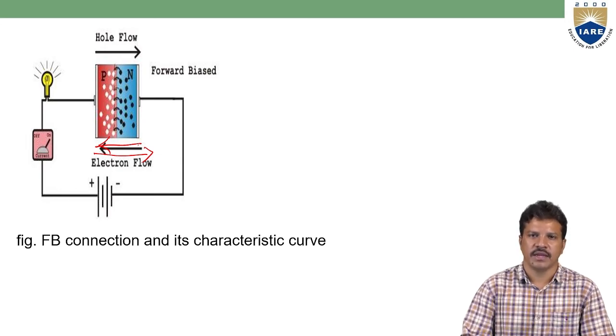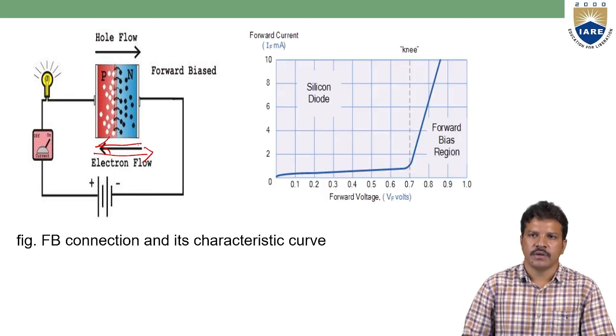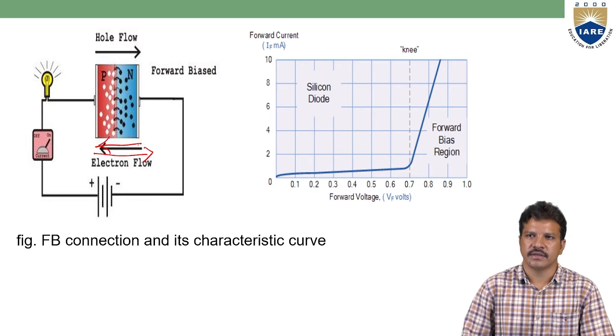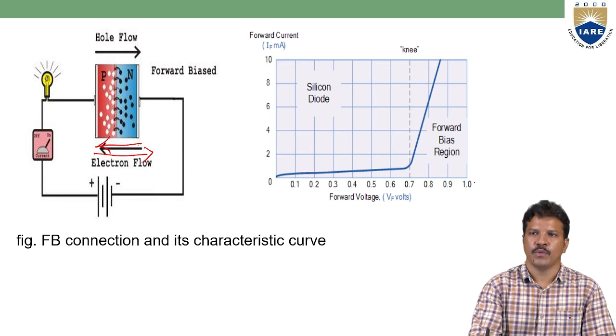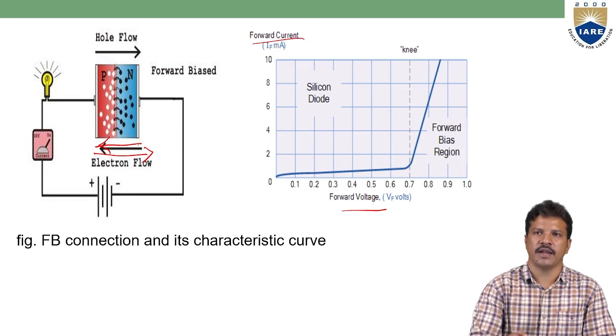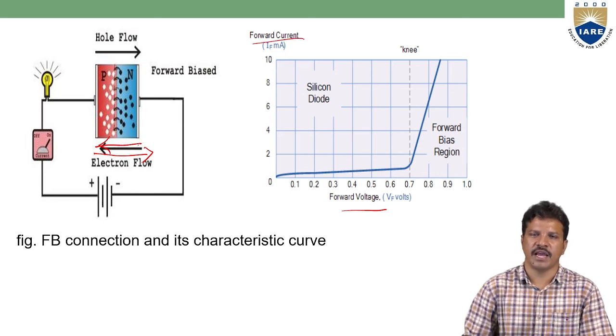So in forward bias, the diode acts as a short circuit. This is the p-n junction diode forward bias VI characteristics. On the x-axis, we take the forward voltage. On the y-axis, we take the forward current IF in milliamperes.